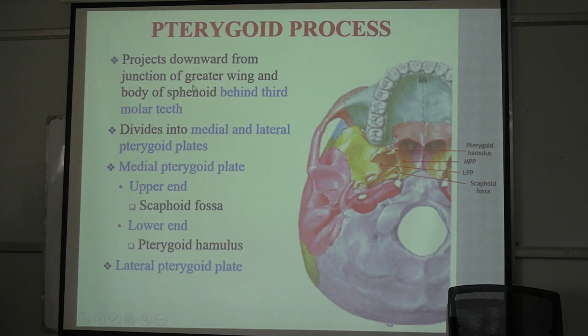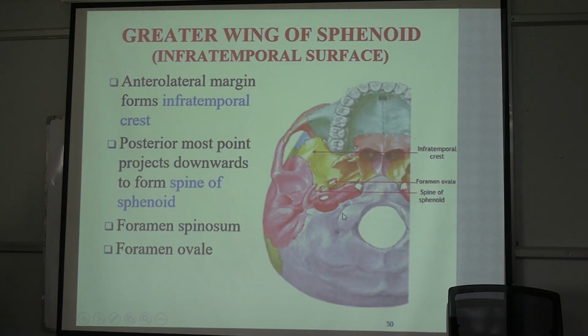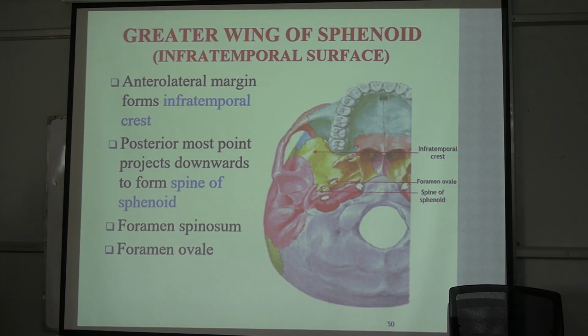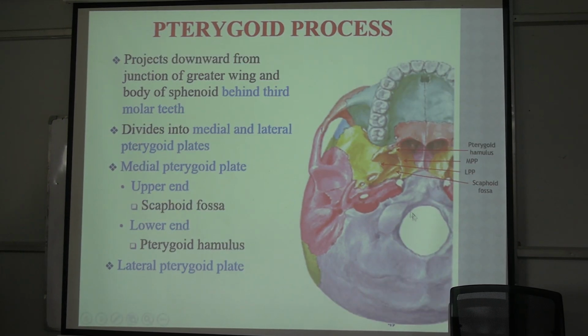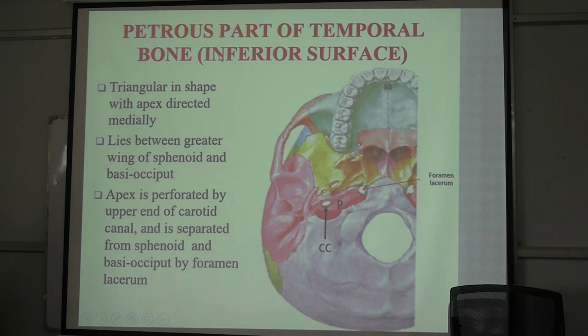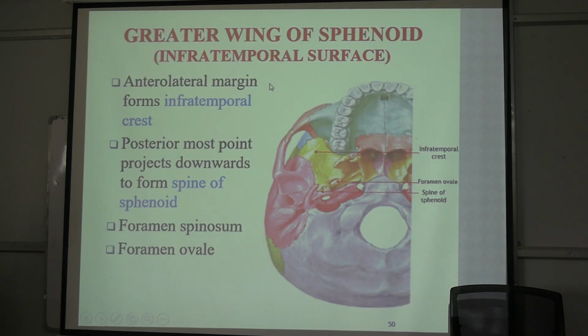Then we have the posterior part of this region, related to the occipital bone, which has the external occipital protuberance, condyles over here, and then this foramen we call the condylar foramen, etc. These are the parts of the posterior part of this bone.